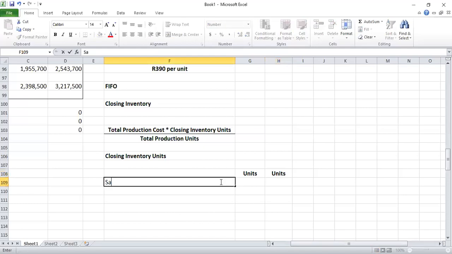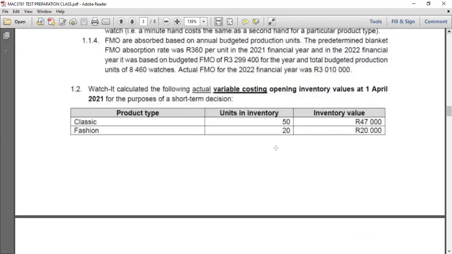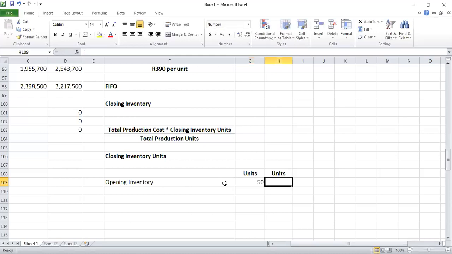So then we'll start with our opening inventory. The opening inventory units were given: 50 and 20.